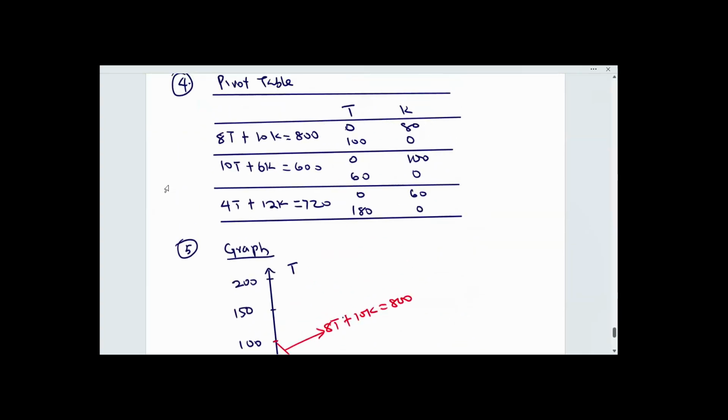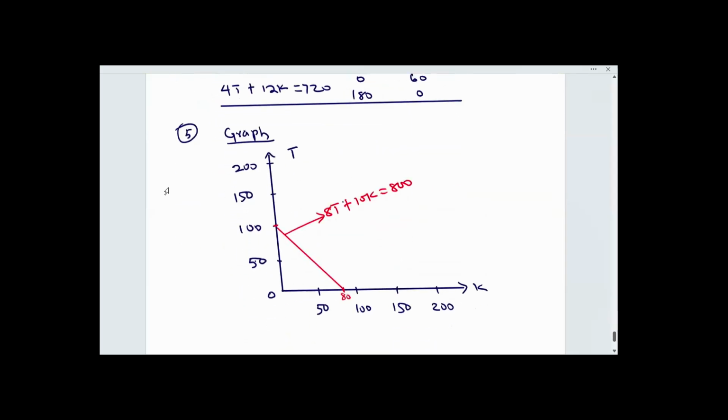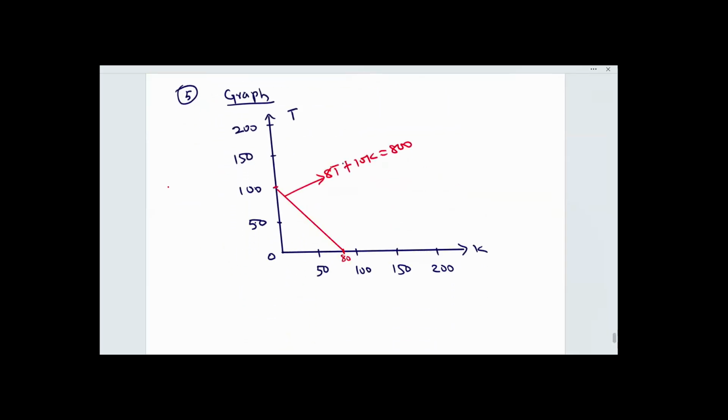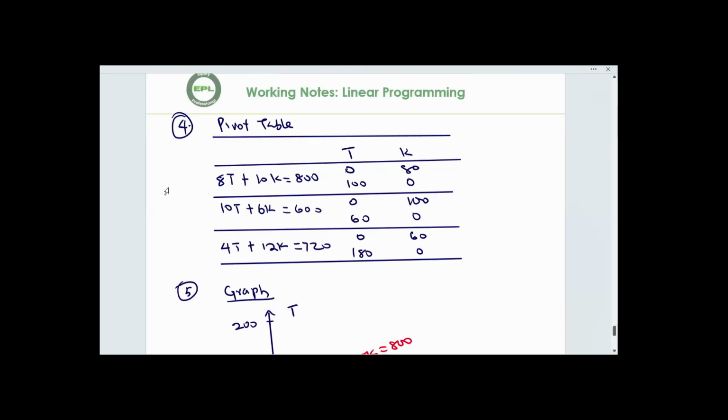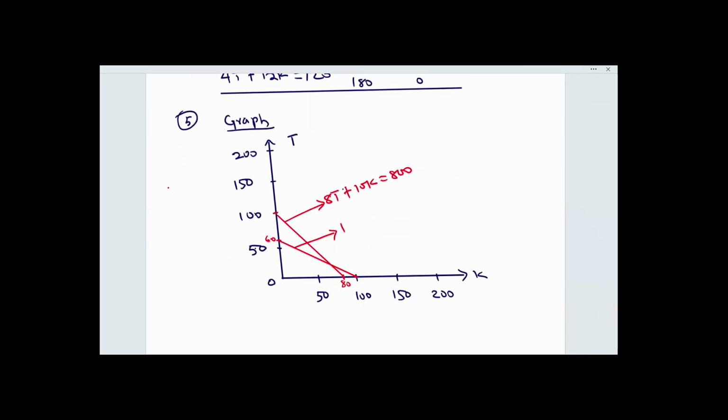Then the next one, second equation, T is 60, K is 100. 60 should be somewhere here. Okay? Then 100 is here. Join the two together. Okay, write out the equation. This is equation 10T plus 6K equal to 600.